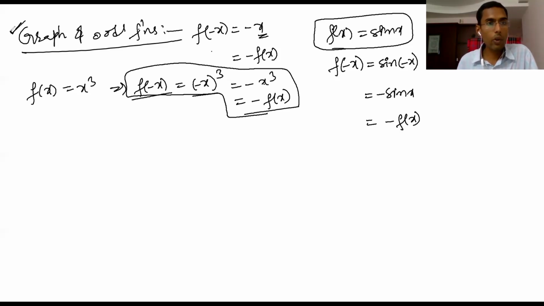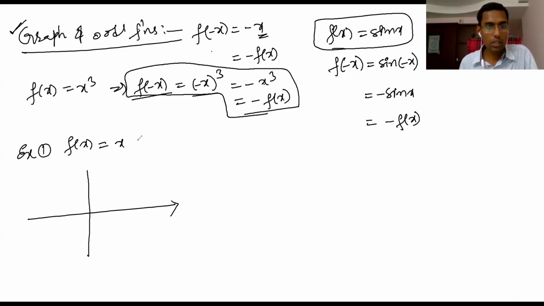So now let's go to the graph of an odd function. What is this graph like? Example 1 is f of x equals x. This graph is y equals x: 0 means 0, 1 means 1, 2 means 2, 3 means 3, like this.